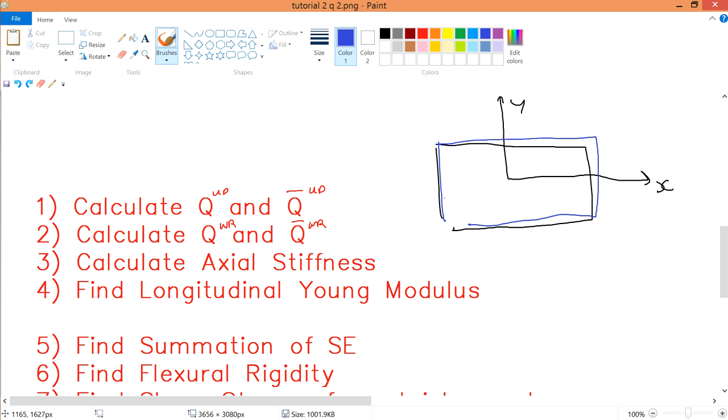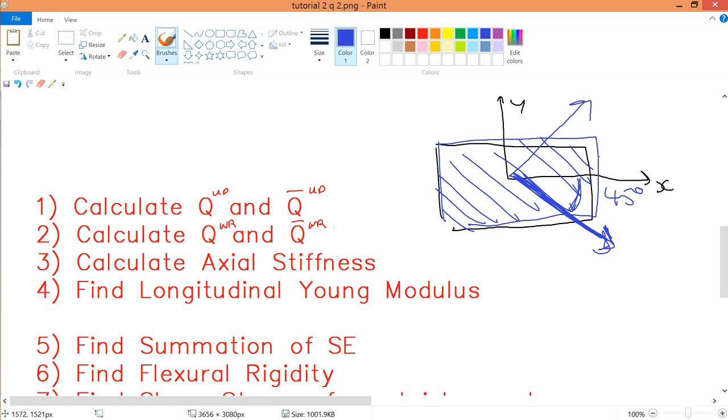If I draw 45 degrees, it's like that, where your axis is parallel to the fiber. This is 1, this is 2. So the QUD that we are calculating is only for this 2, 1 axis, the local axis.